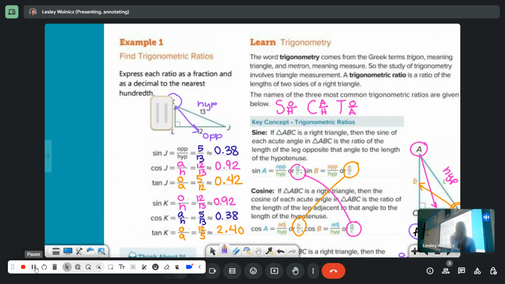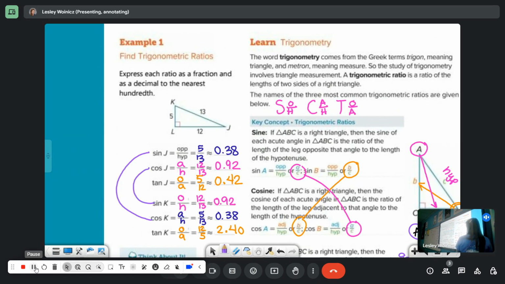Okay, you guys ready for the big brain moment? Your sine of J is the same as your cosine of K, your cosine of J is the same as your sine of K, and your tangents of your two complementary angles, they are reciprocals.